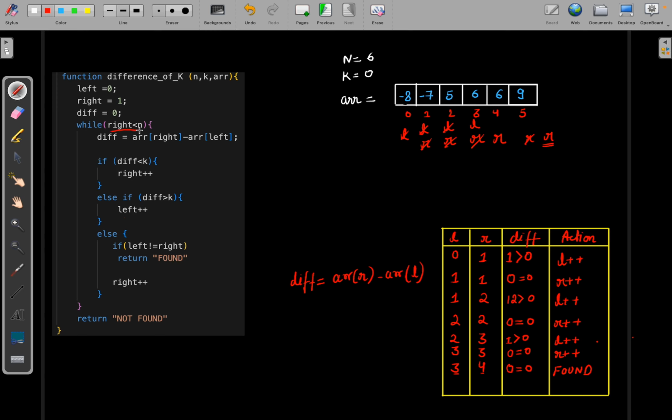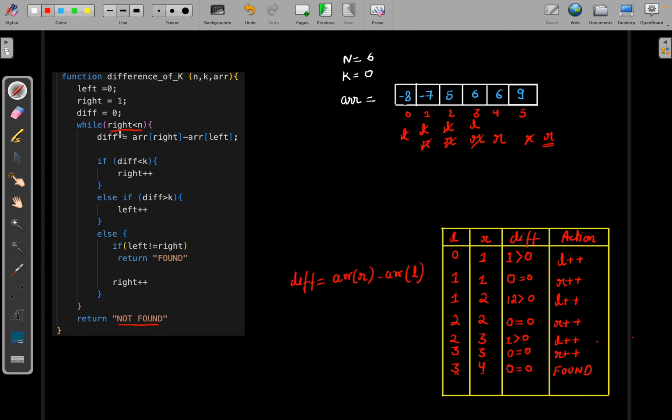I will break this condition, right is less than n, and once I break it, I will come here and print not found. This is how you can cover all the cases. So don't worry that you are using only right is less than n. You can also use left is less than or equal to right, and right should be less than n, depending on the condition, but this is how it should work.